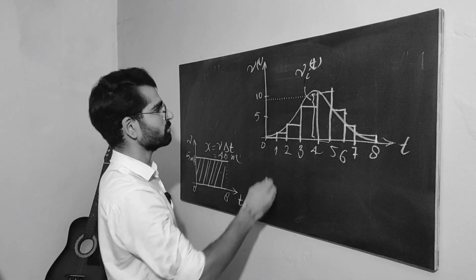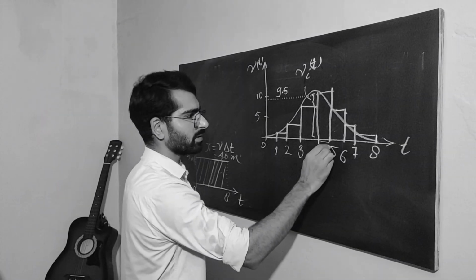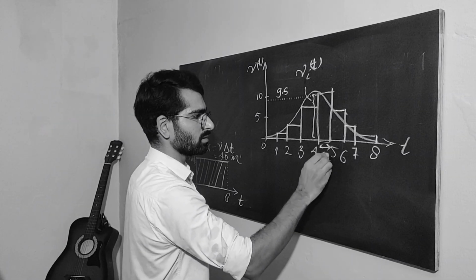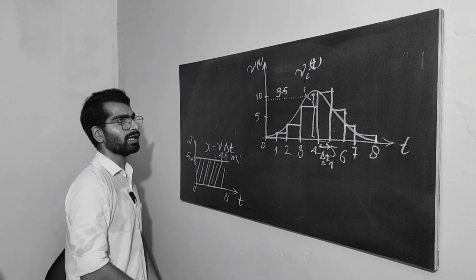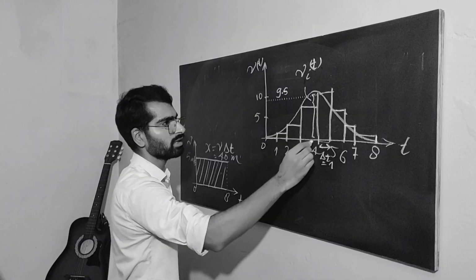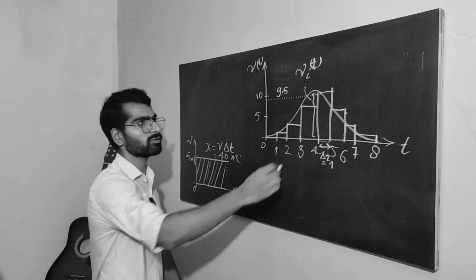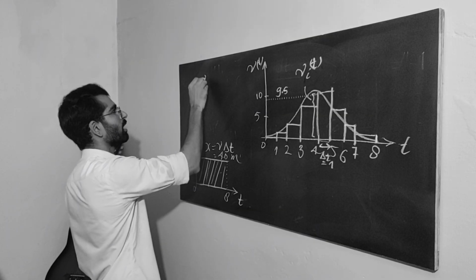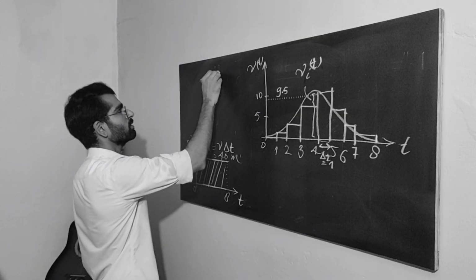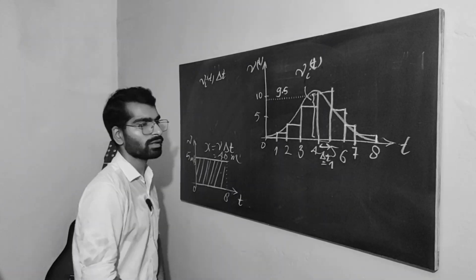Looks like it is 9.5 meters per second, and delta t is 1 second, right? Then this area is 9.5 times 1. So V_i of t times delta t is going to give me this area.